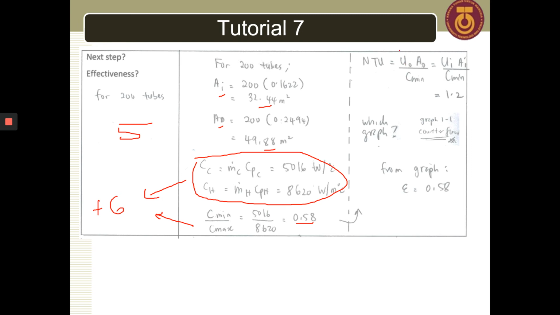Okay, this value is known, this value is also known, and this value is also known. Okay, then you can calculate NTU. Now you are wondering how you can get effectiveness from NTU, of course, from graph, but which graph? So the question specifically said it is one-to-one layout.